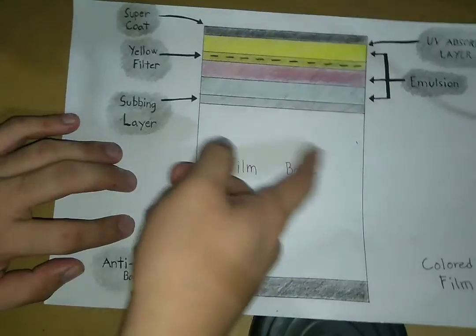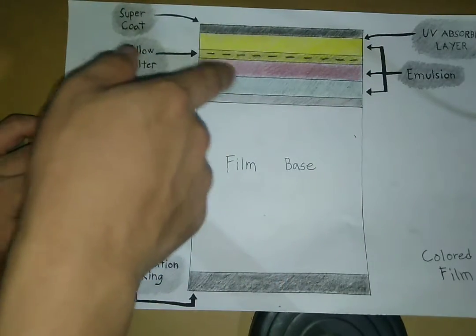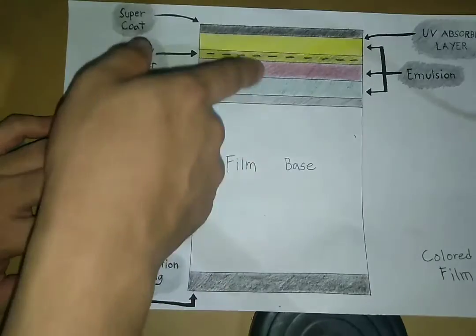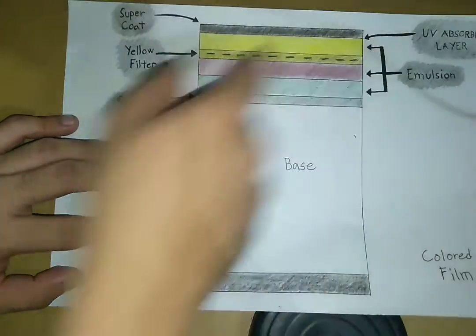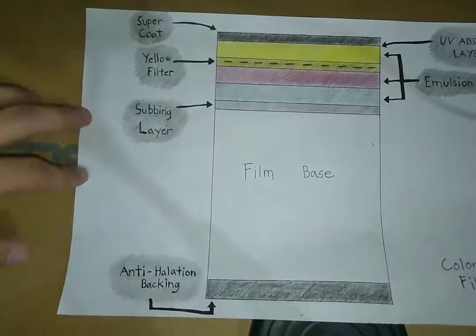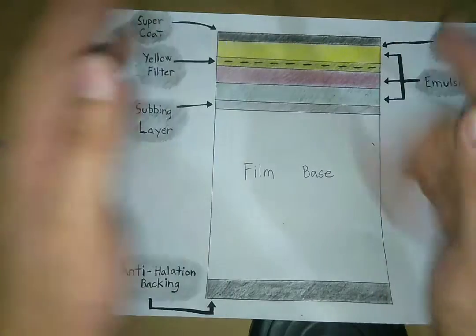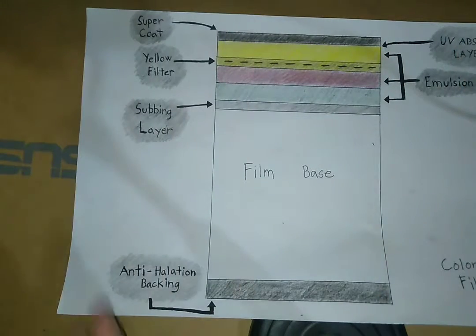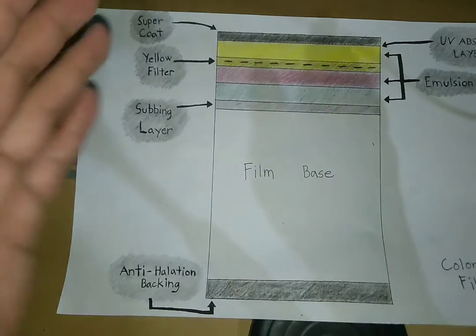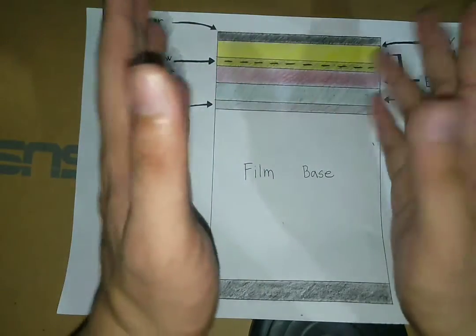And then the help of the film base is to enhance the colored light that comes on this emulsion layer. The subbing layer's job is to focus the light, ayaw niyang ikalat yung light, hindi sabog.